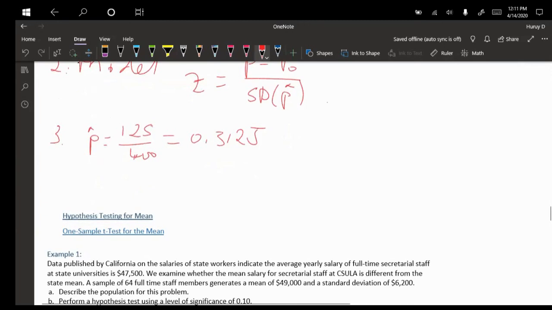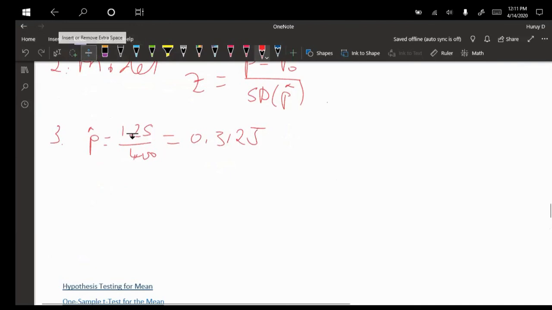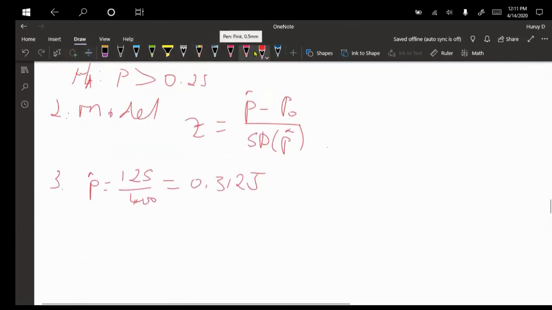Okay, and then let me put some more space here. And after that, what we need to find is the standard deviation. And for the standard deviation, we don't use this value. You don't have to worry about that.